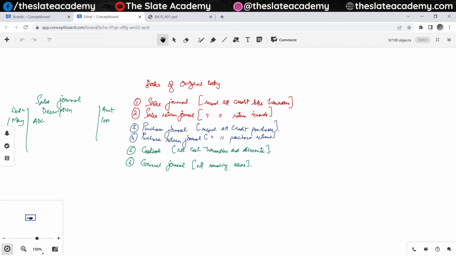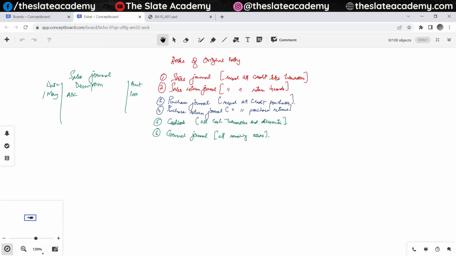Usually the way we have learnt with the T account, how would we have recorded the transaction? We would have a T account for ABC, and then a T account for sales, and in these two T accounts we'd be recording the transaction.